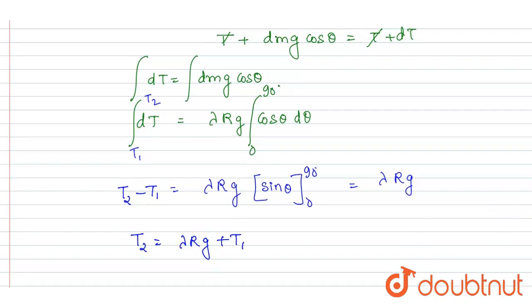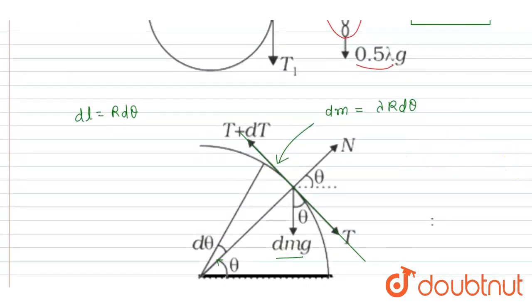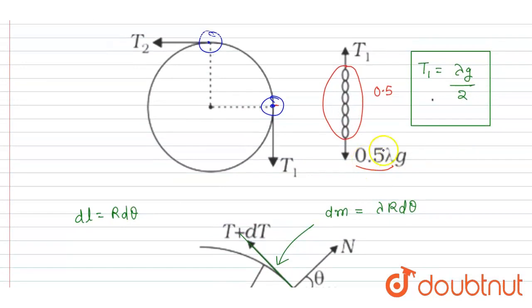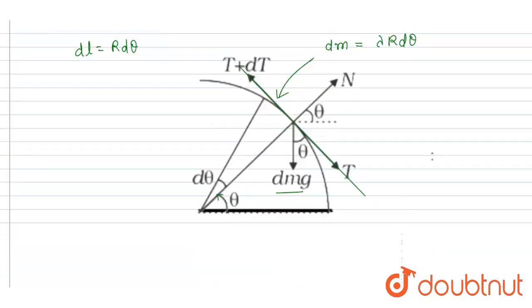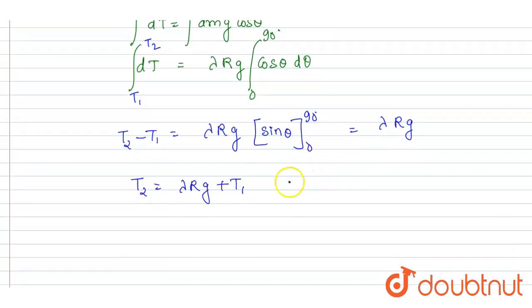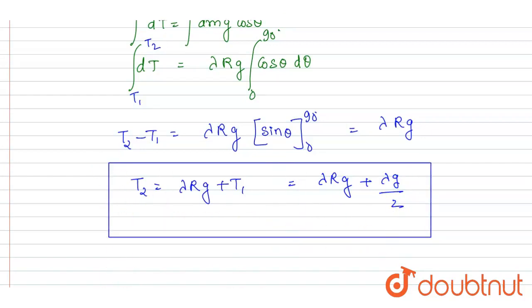T1 we have already seen, it is lambda g by 2. So this will be the tension and the answer to this question.